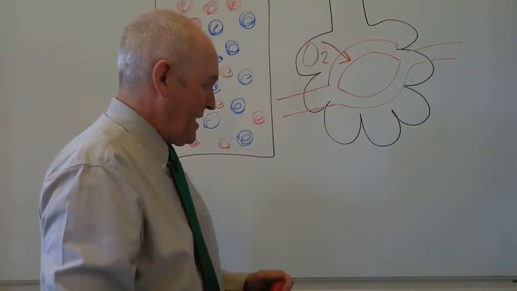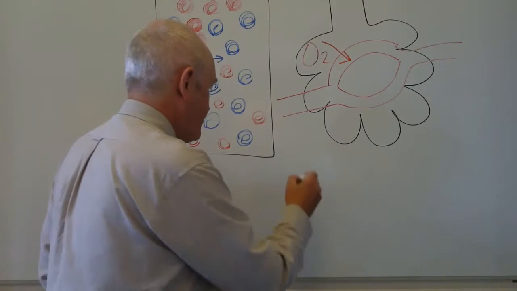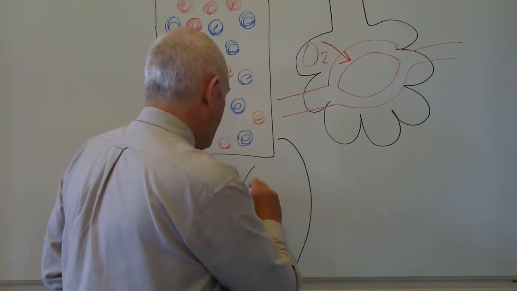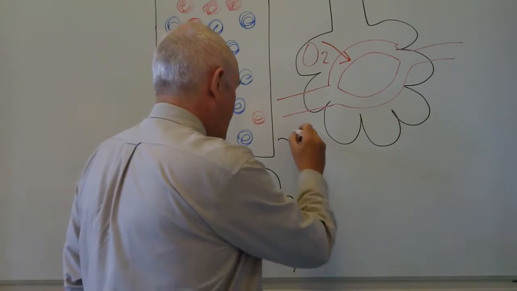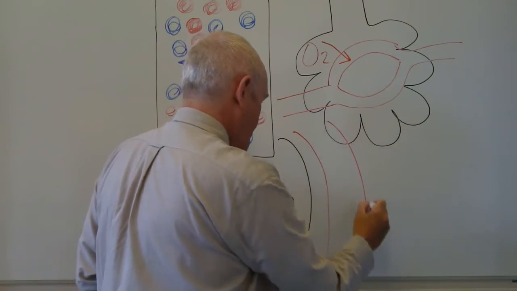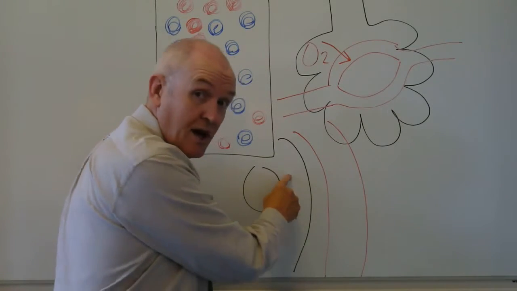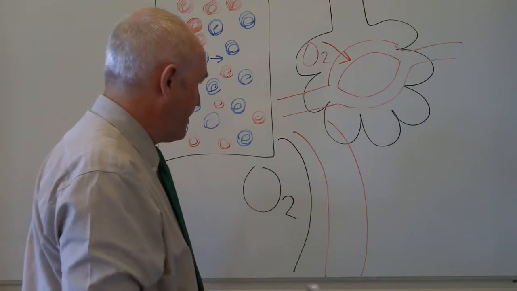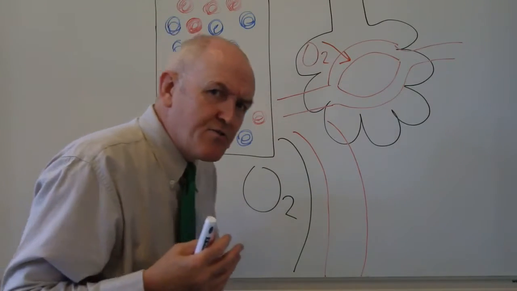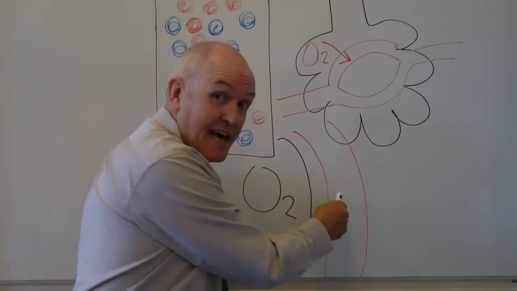If we think about the pulmonary capillary here, imagine that's the alveoli, and imagine that this is the pulmonary capillary. We've said that there's more oxygen in the alveoli and relatively less oxygen in the pulmonary capillary. In other words, there's a gradient. There's more oxygen there than there is there.